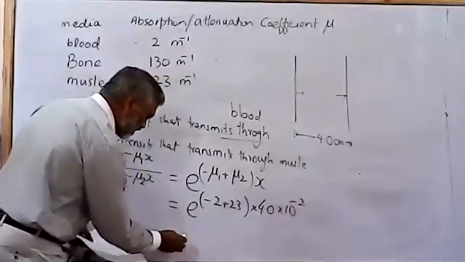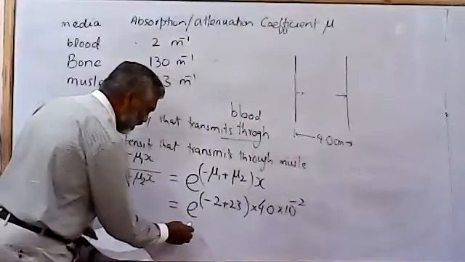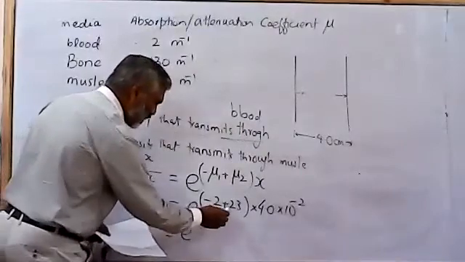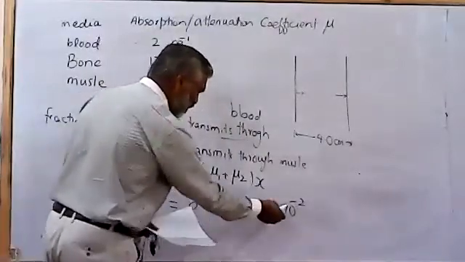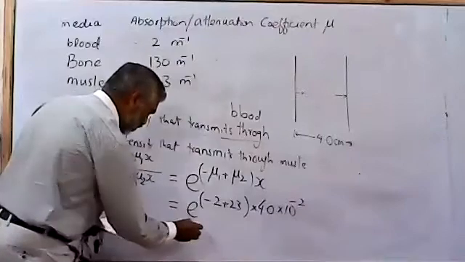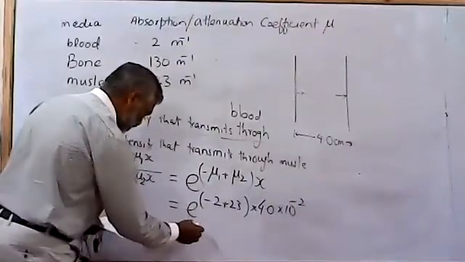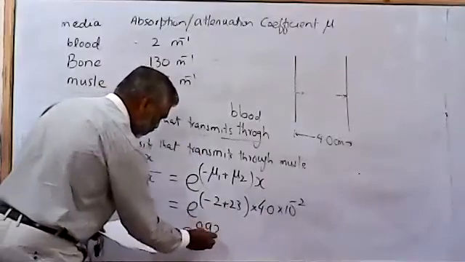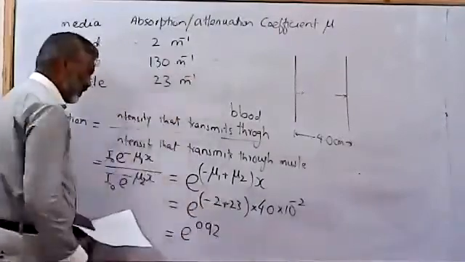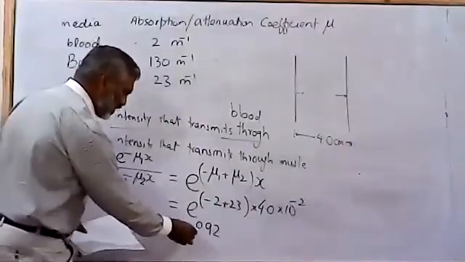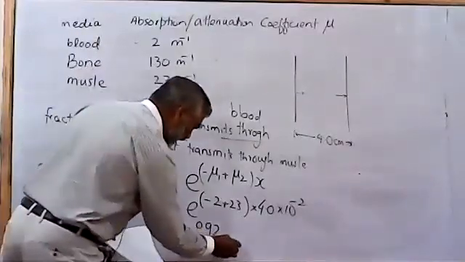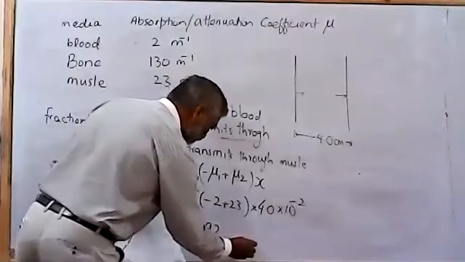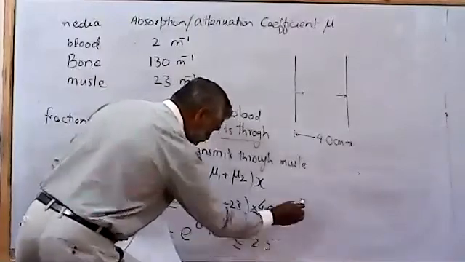So this appears as e, this is minus 21 multiplied by 4 into 10 to the power minus 2. So this all simplifies to 0.92. All this product, which is the power of this exponential function, is 0.92, and this simplifies to 2.5.